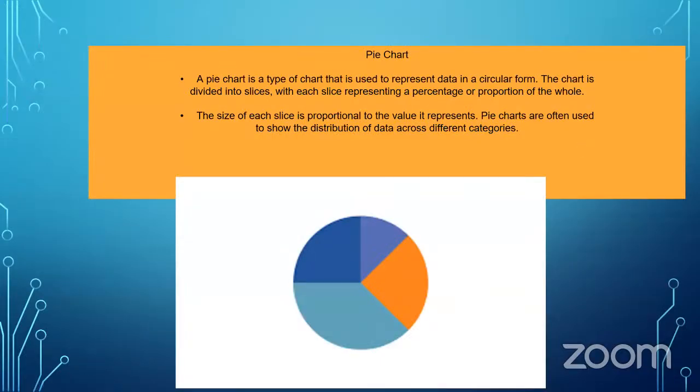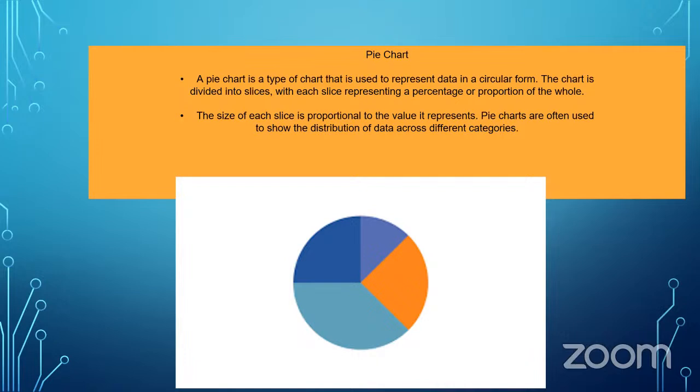Next. This is a pie chart. Pie chart is very important, particularly when you want to show the classification of your data based upon some slices. Slices means the total data you are divided into different slices.